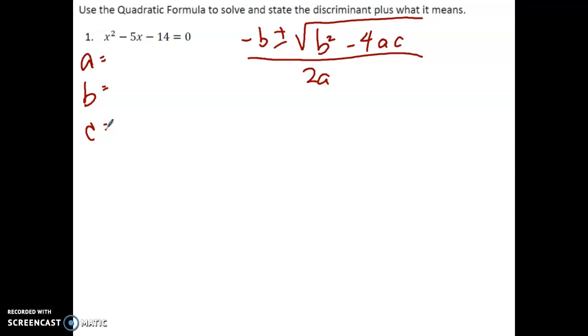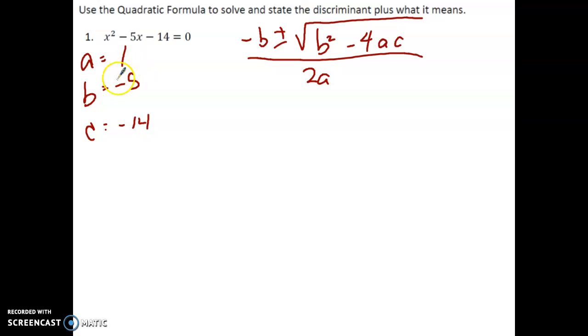All right, we've been practicing this with factoring and with the quadratic formula. So A is the coefficient on the x squared, which in this case is the understood 1. B is the coefficient on x, the negative 5, and C is the constant with no x. Notice that all of these are just plain numbers. There are no variables. Okay, so now I'm going to substitute in.